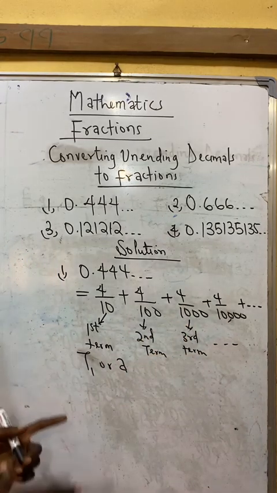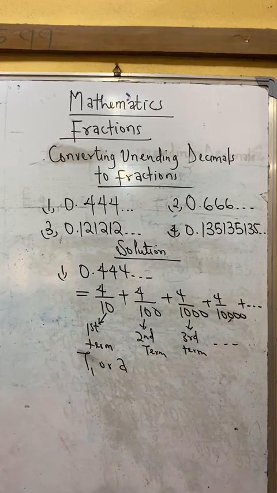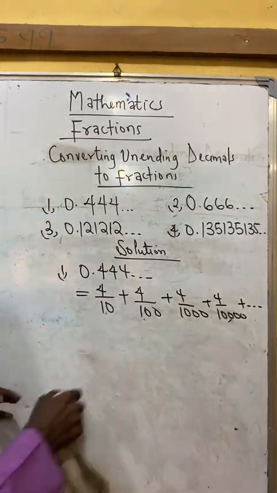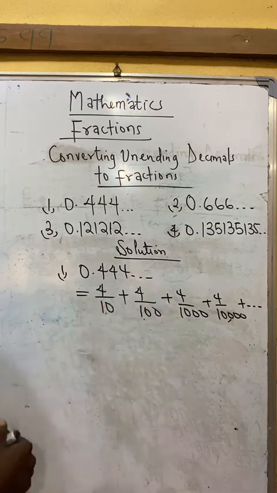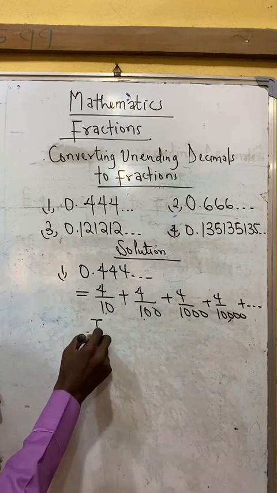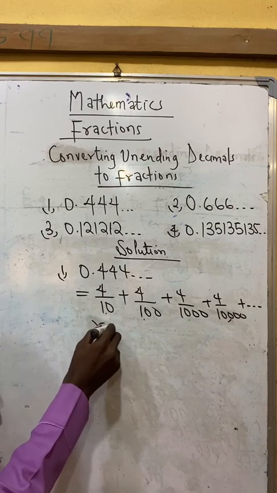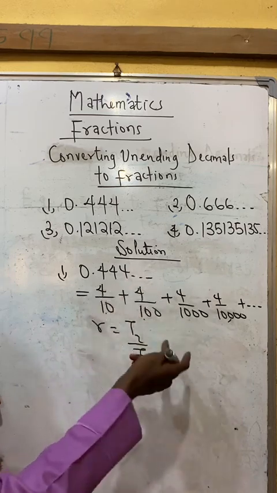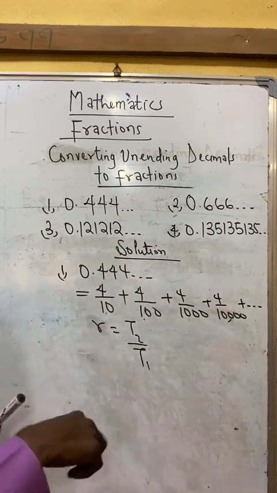How do we find the common ratio in geometric progression? If we divide the second term by the first term, we get the common ratio. That is, common ratio R is equal to T2 divided by T1, or T3 divided by T2, or T4 divided by T3.